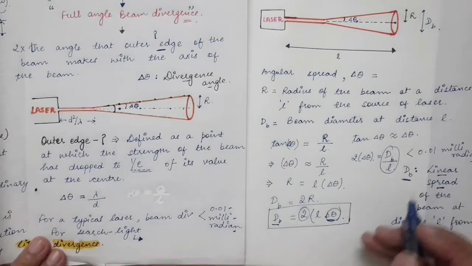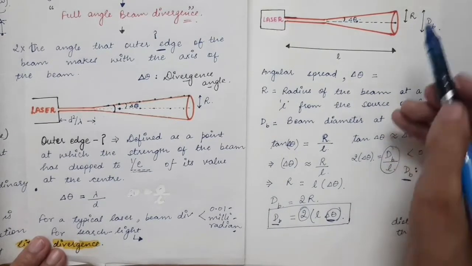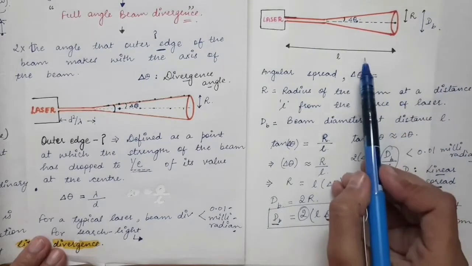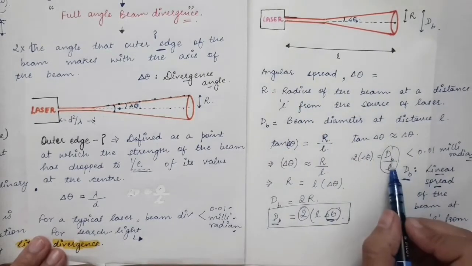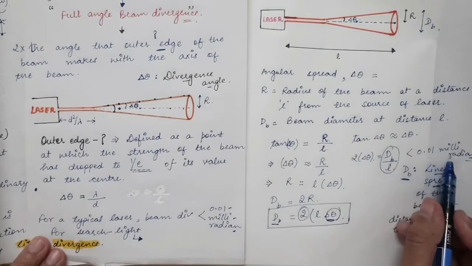So what do we mean by this expression, dB divided by L? Now what is dB? It is the linear spread. It is this distance, divided by L, the length of this point from the source. So for the case of laser, this ratio comes out to be less than 0.01 milliradians.